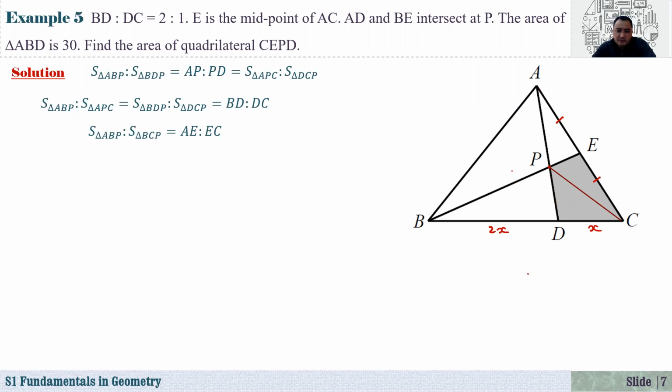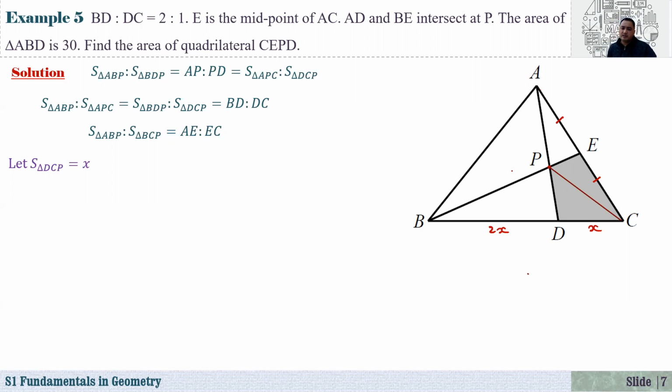And from here, we can have the relation that the ratio of the area of ABP to BCP is equal to AE to EC. And what is AE to EC? They are equal. So that means that the area of ABP is equal to the area of BCP.